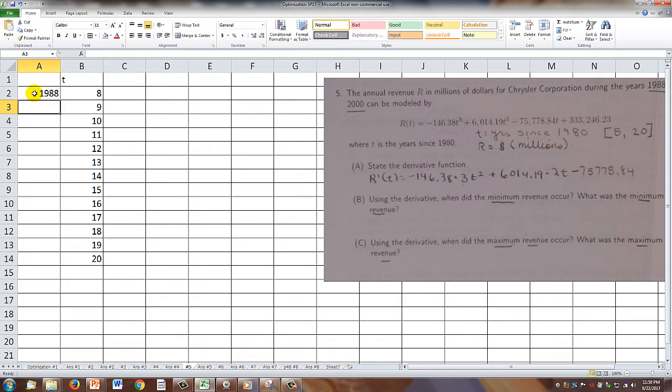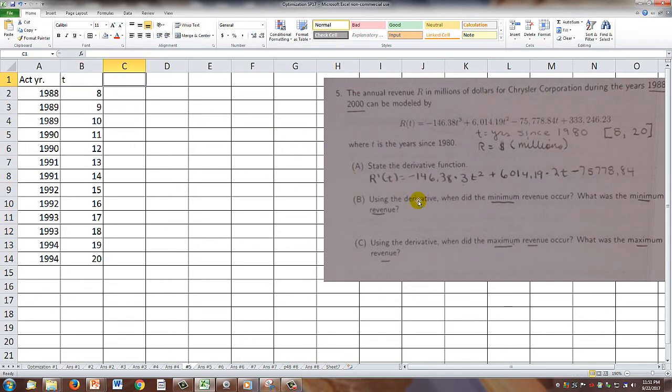So this is 1988, and then the second one would be this plus 1. You could just do it that way. You could type them in, but now you have a representation of actual year, and that might help you with your interpretation. This is my input, however.